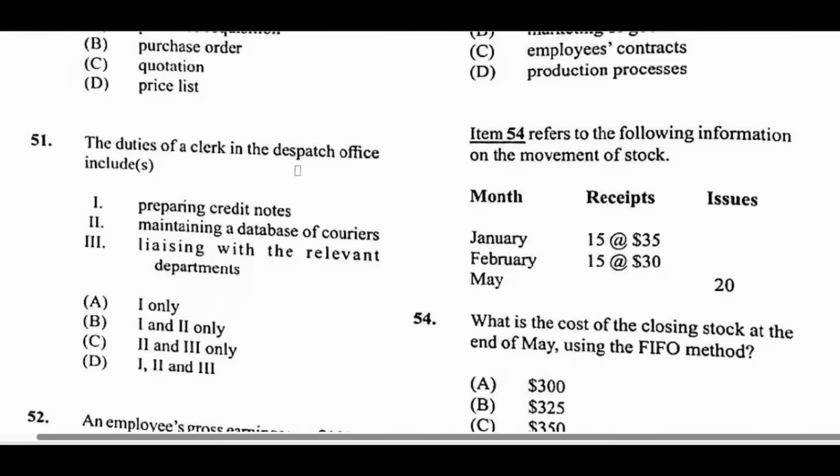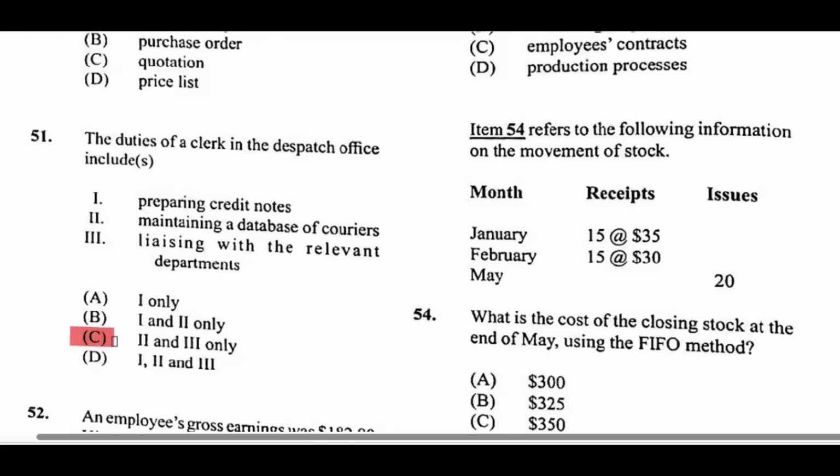So the duties of a clerk: preparing credit notes, maintaining a database for couriers, liaising with the relevant departments. Credit notes is not prepared in the dispatch office, that's accounts. Maintaining a database for the couriers, definitely. Liaising with other departments, yes, so the answer is 2 and 3. Which one has 2 and 3? C. The answer is C.